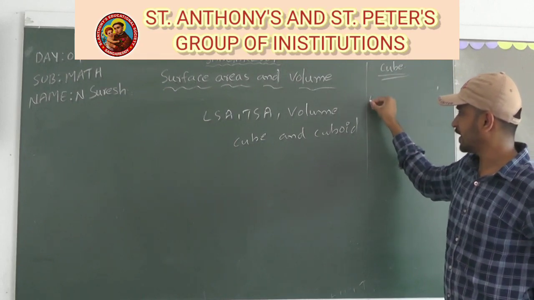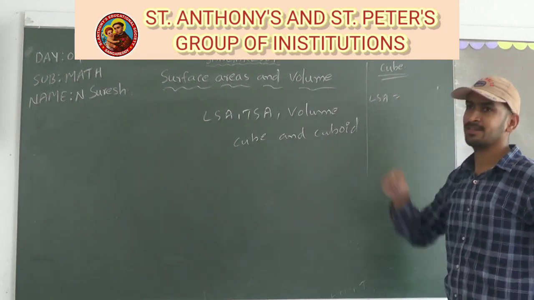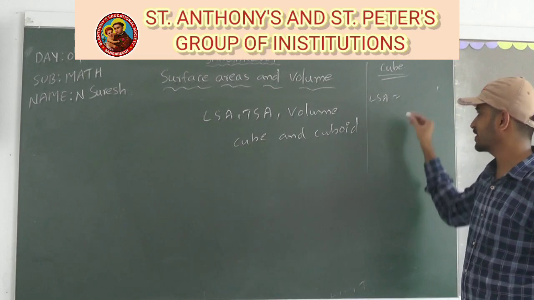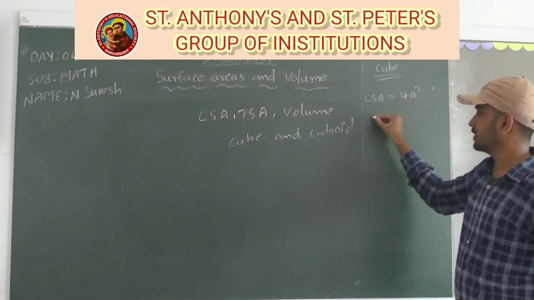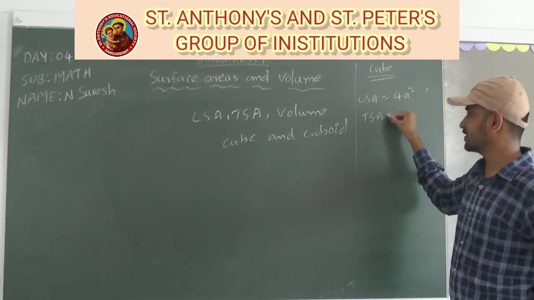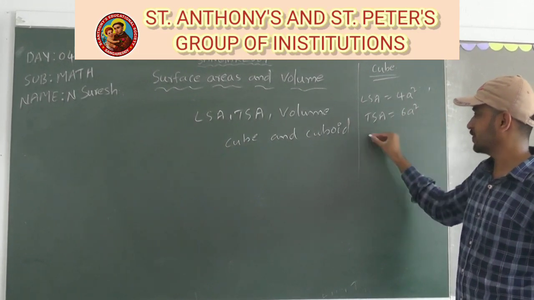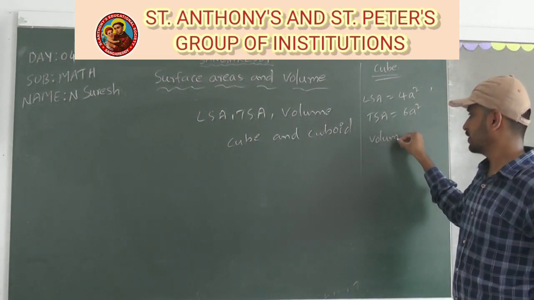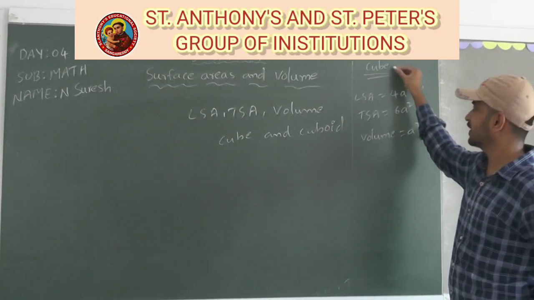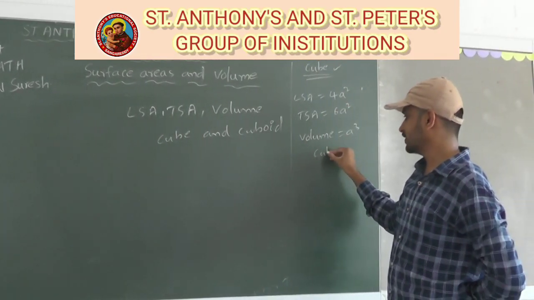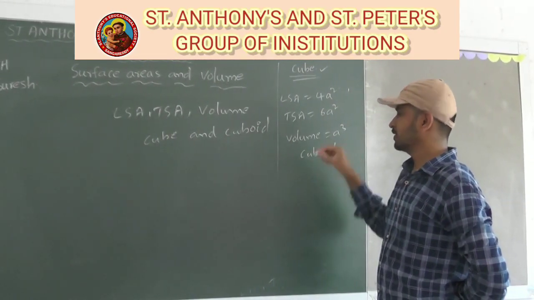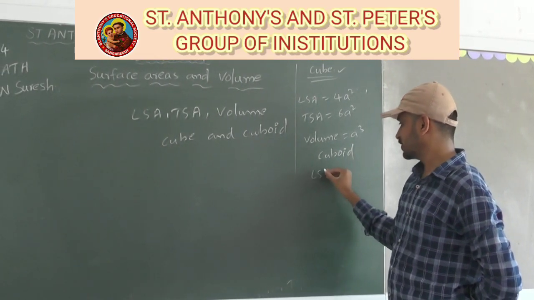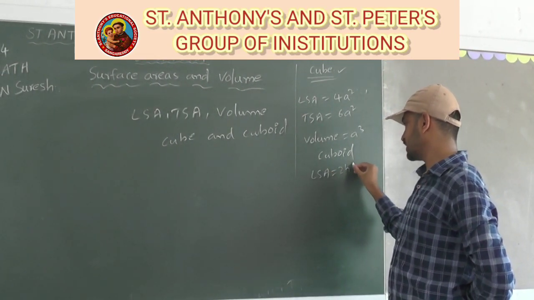LSA: 4 sides, each side is a square, that is 4a square. TSA: 6 faces, 6a square. Volume is a cube. These are related to the cube. Next is cuboid. LSA equals 2h(l plus b).